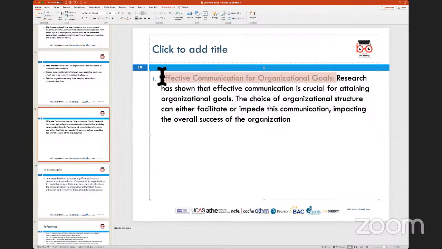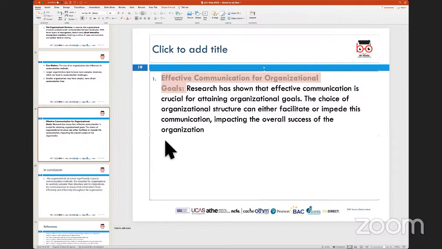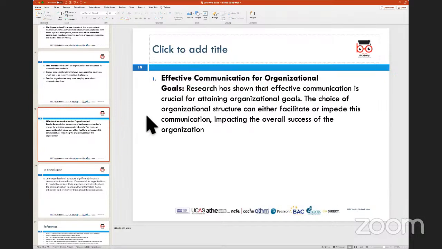And then when we talk about why communication is important from an aspect of the organizational structure, it is because, from research, it has been seen that effective communication tends to be achieved if processes and procedures are followed.